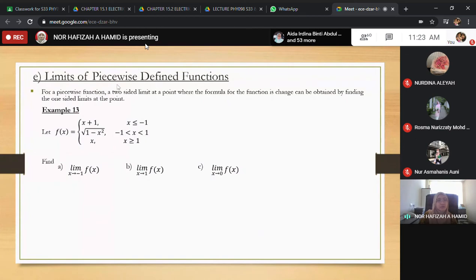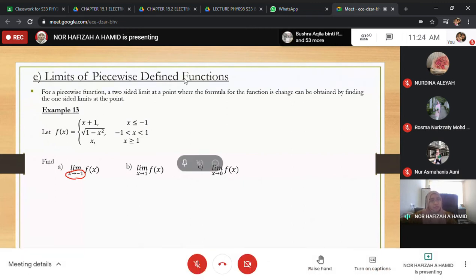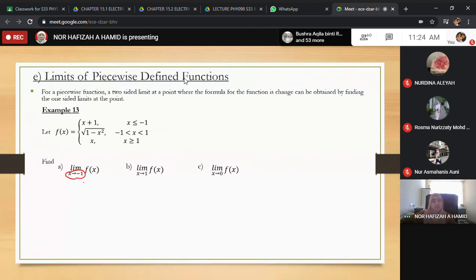So for piecewise defined function, example je saya ambil yang A ni, you need to determine limit x approach to negative 1. So ini refer to two-sided. So kalau piecewise, before you calculate yang two-sided, you need to calculate first yang one-sided dulu. Okay. So you calculate limit x approach to negative 1 minus.